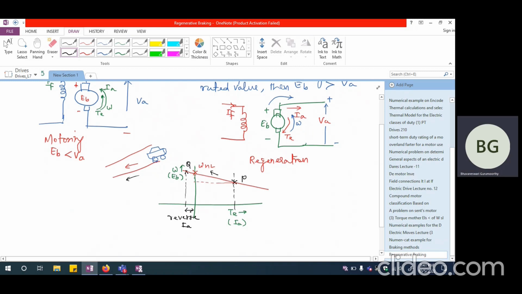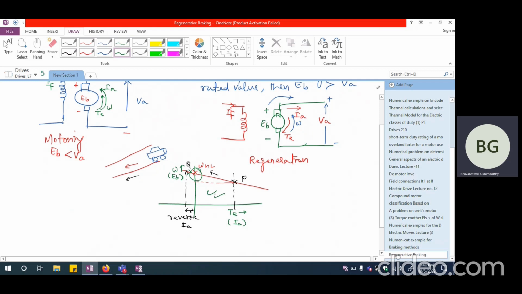So the speed is positive, but the torque is negative, because of which the motor will start slowly decelerating. It will try to reach this point, but again it is going to come down somewhat in this direction. But please note, the moment it reaches omega no load, this particular point, then again the torque as well as the armature current are going to become positive.